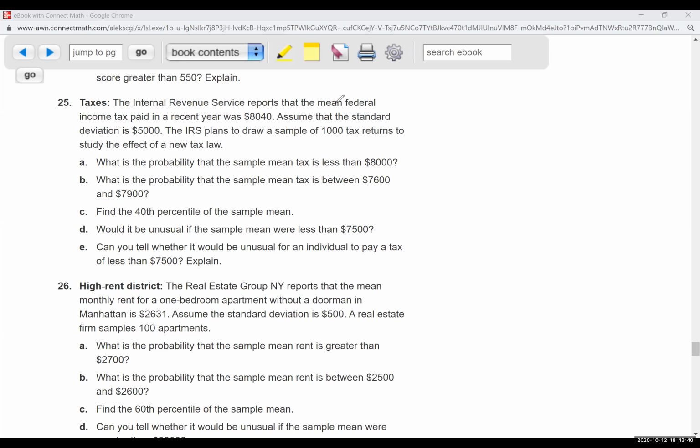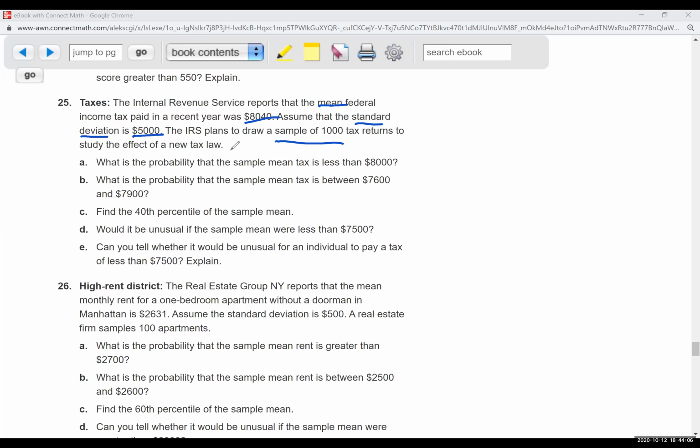So it says here, this is the mean, 8,040. And assume that the standard deviation is 5,000. So you're going to use that. And IRS plans to draw a sample of 1,000 to study the effect of the new tax law.